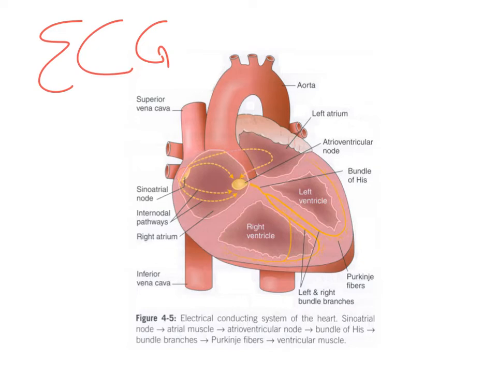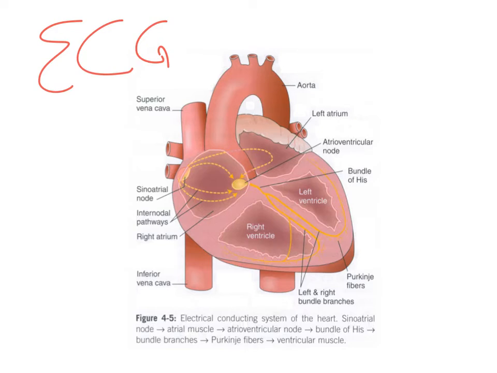Electricity goes through both the conducting system and the heart muscles, and usually the conducting system facilitates spreading electricity in a timely and appropriate fashion to the rest of the heart muscles, so that the heart can contract in a coordinated fashion.